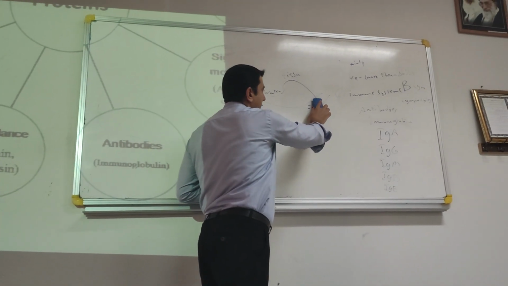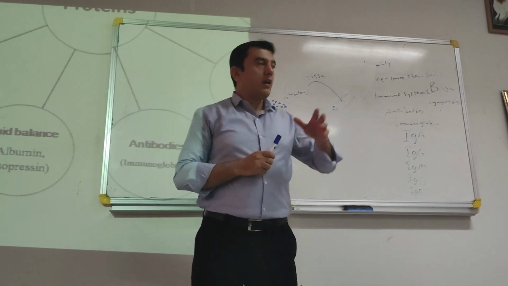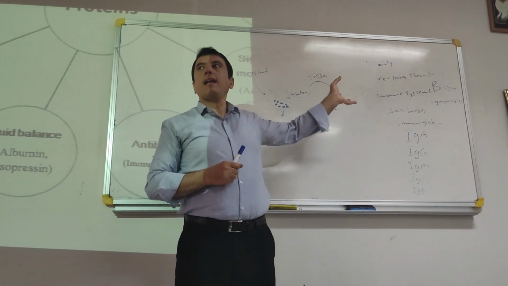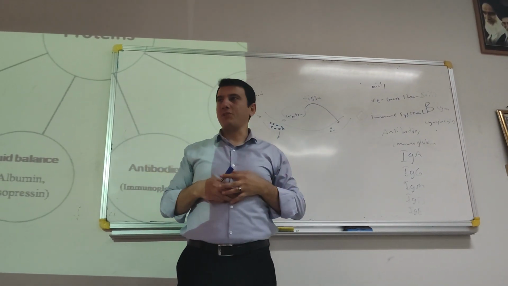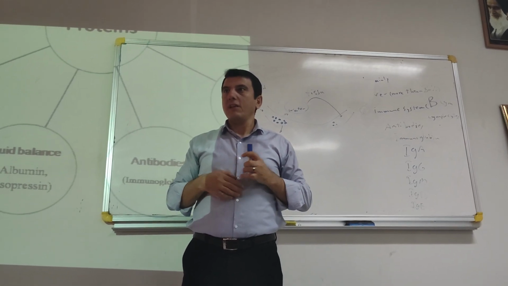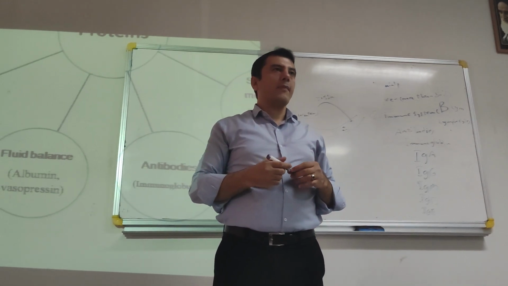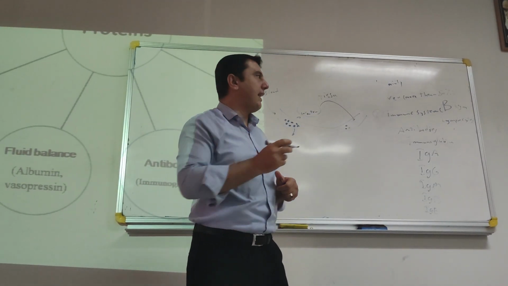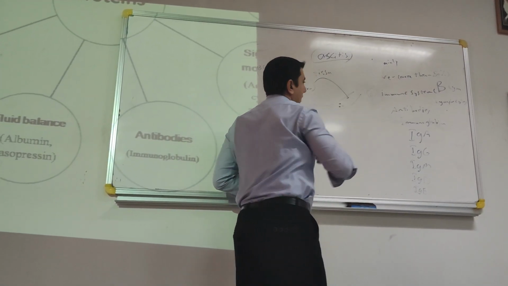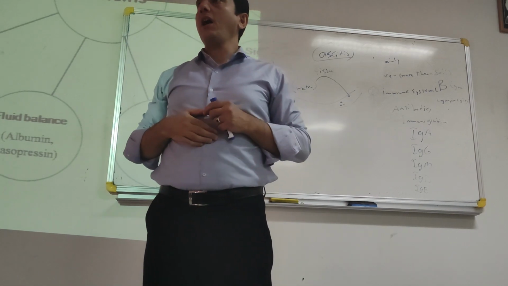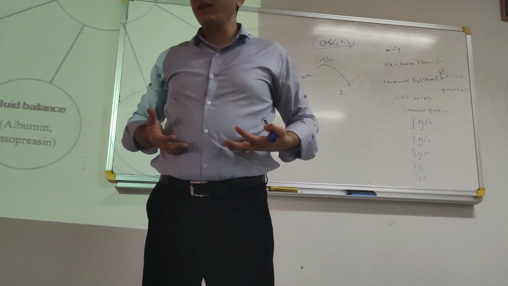So, if our albumin concentration decreases, water cannot come back to our bloodstream and remains in our tissues. So water accumulates in our tissue and causes a situation named ascites, which is the accumulation of water in our abdomen.